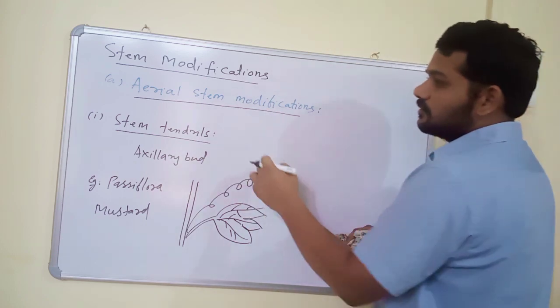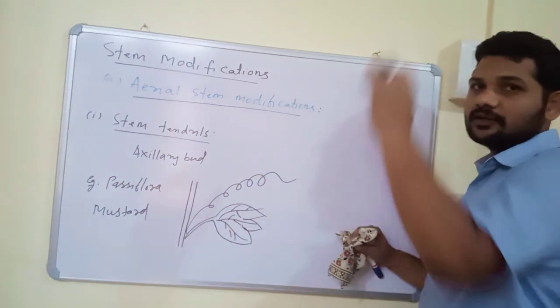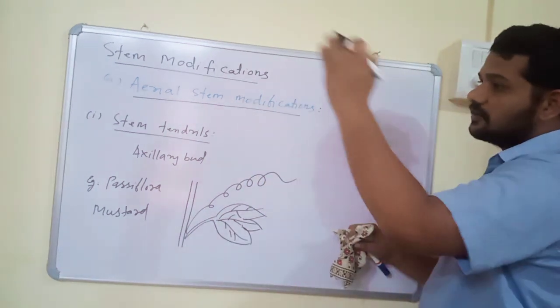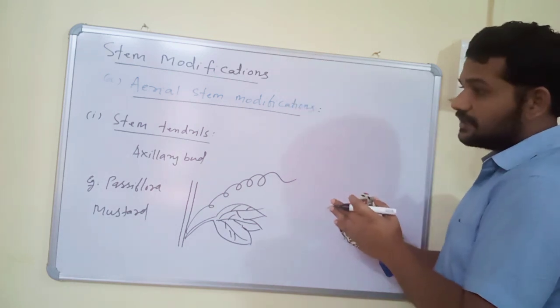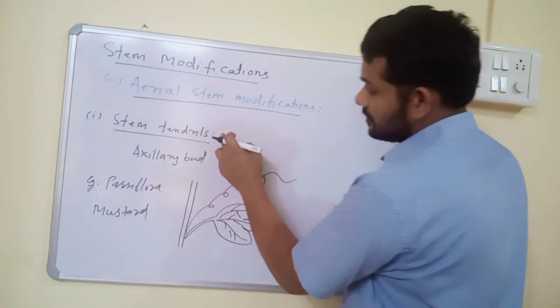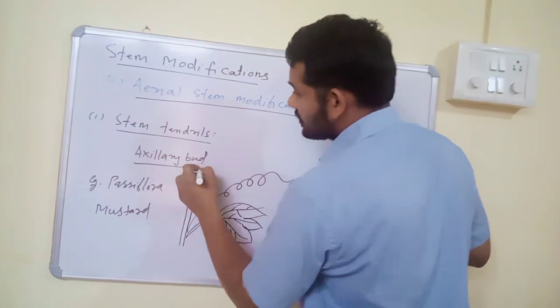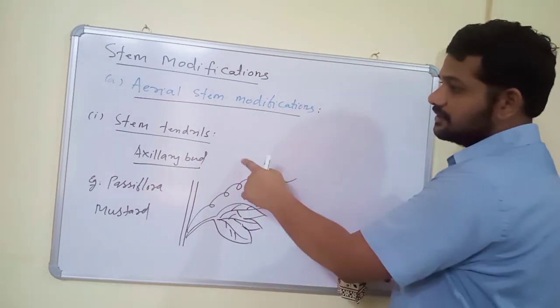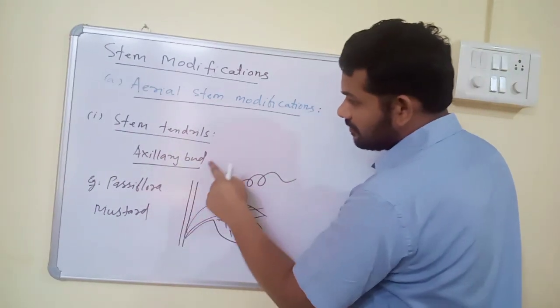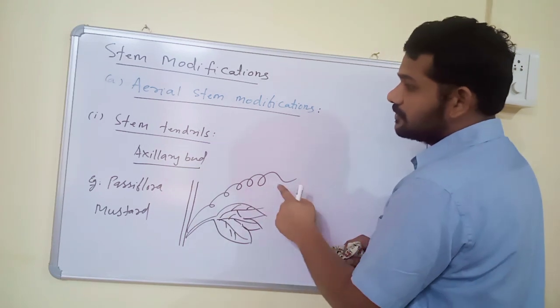In many aerial stem modifications, either the axillary bud or the terminal bud is modified to perform various functions. In Passiflora and mustard, the axillary bud is modified to form a tendril.